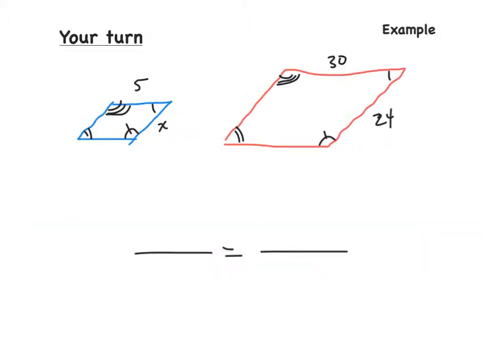Now what I want you to do is your turn. Pause the video, try to solve for x, and unpause the video when you're ready to see what I've done. Alright, there are 2 different ways that I'm going to show you. The first way is the butterfly method, so I'm just going to use figure 1 up top and figure 2 on the bottom.